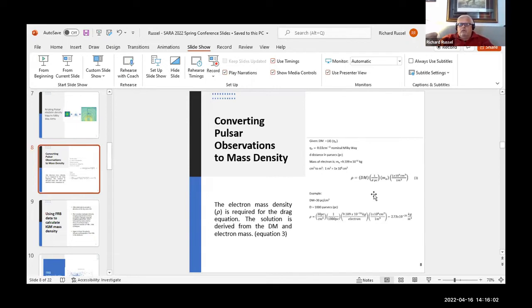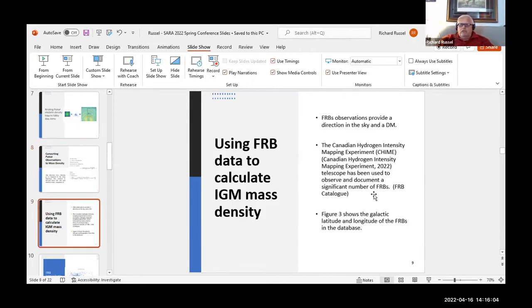So what I did was I took the CHIME database. The CHIME database, Canadian Hydrogen Intensity Mapping Experiment, has turned into one of the most promising FRB catalogs. They've got a full catalog of all the FRBs detected, and they've also got the information on which ones are repeaters, and the repeaters tend to have been found to have an optical counterpart, which they're making an assumption of what the distance is.